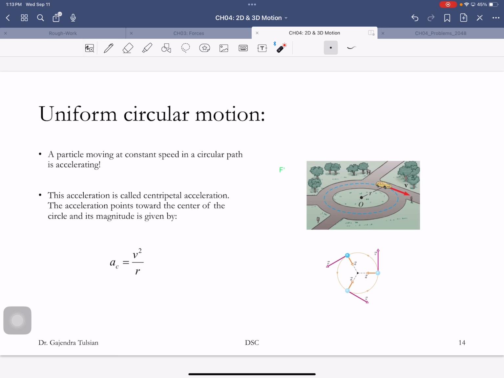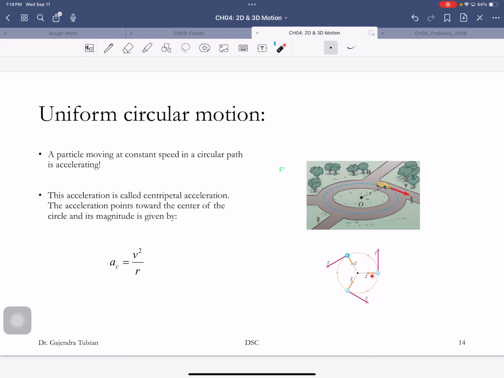What that means is your trajectory is a circle and your speed is not changing, but your velocity is changing. And so we saw that when only the direction of the velocity vector changes, the acceleration is perpendicular to your trajectory. And in this case, the acceleration will point toward the center of the circle. And so that's why it's called centripetal acceleration as well.